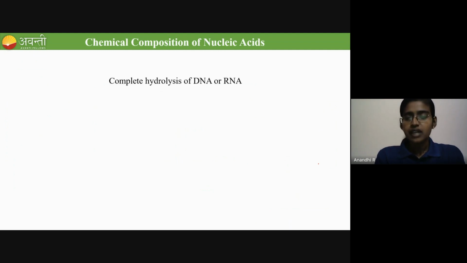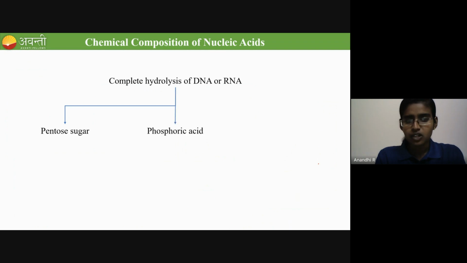The complete hydrolysis of DNA or RNA leads to three components. One is pentose sugar. If you remove the oxygen from the RNA, that is, RNA is a ribose sugar, right? 5-membered cycle. So 5 carbon you will have.